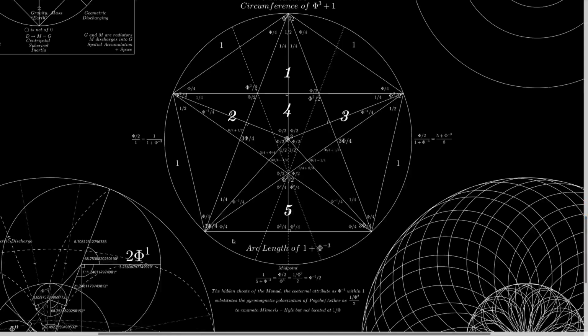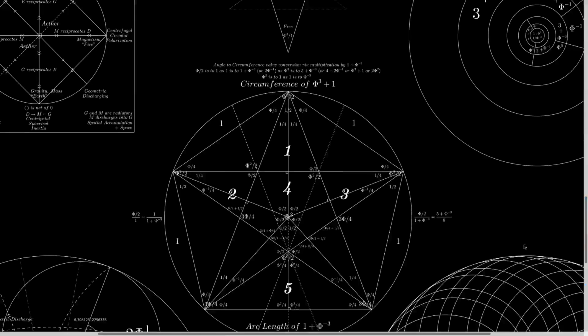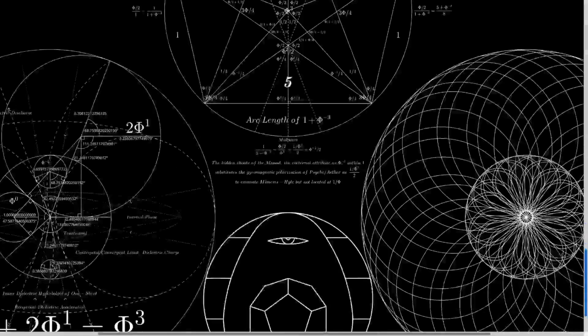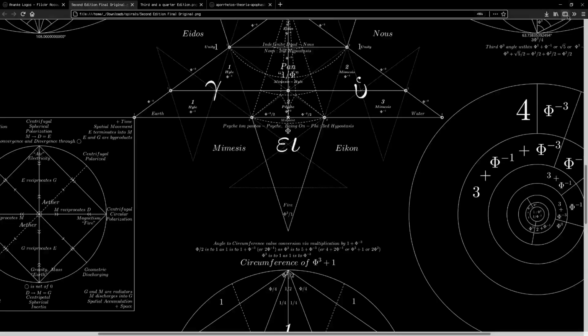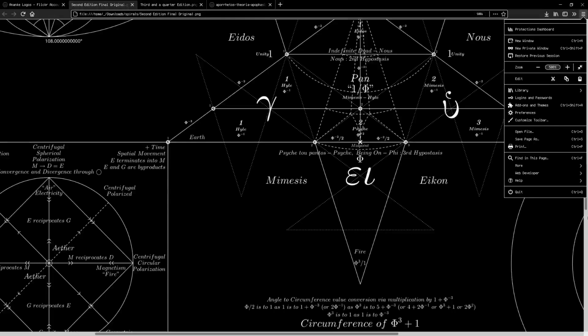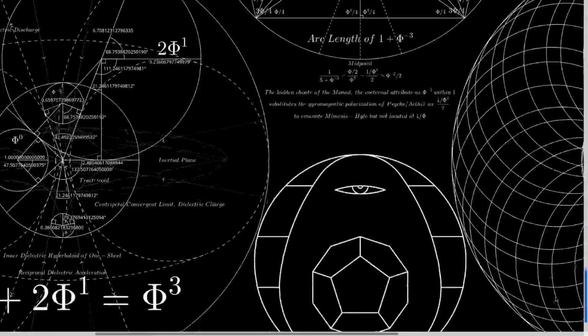These values are dealing with the angles of the angular phi based pentagram. Let me just hold on. Going a little bit more, yeah. Okay.